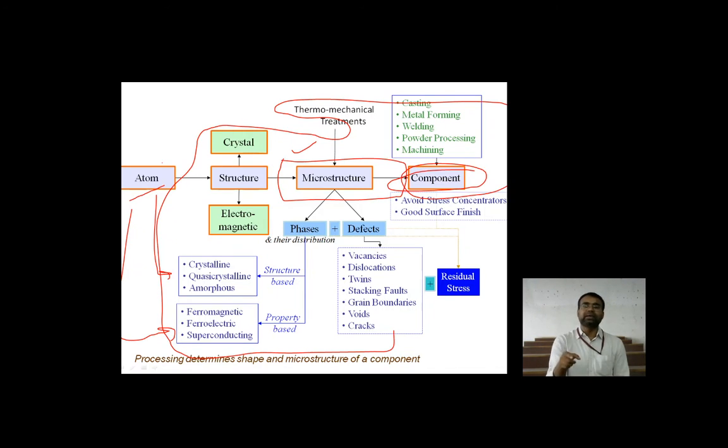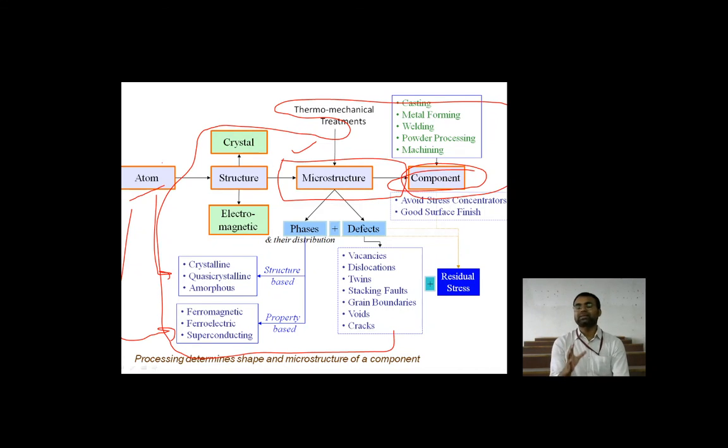By enhancing or maintaining the microstructure and the structure at the atomic level, from the beginning of the atomic structure level, we reach a certain quality level for maintaining the property of the component as per the requirement.